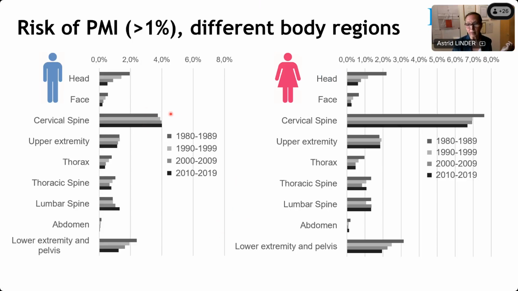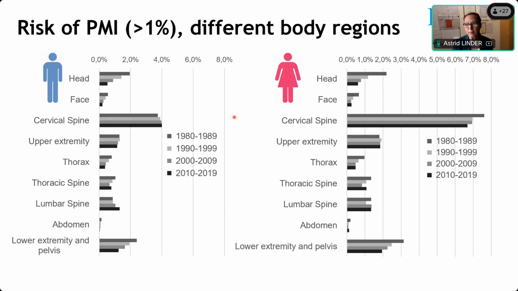Here, again, just confirming what you saw before, that what dominates when it comes to permanent medical impairment, for both males and for females, is the cervical spine.